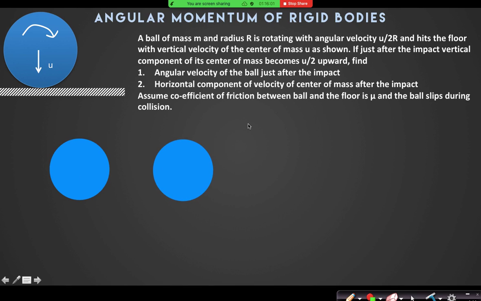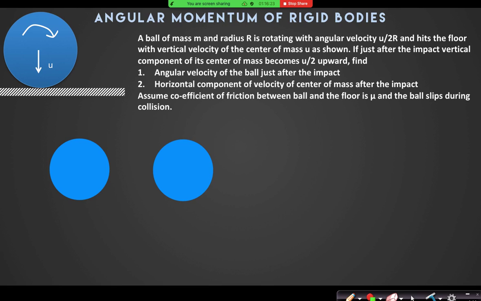Have you got the answer to this question? First one? Please wait. Is the first one omega minus 15u by 4r?